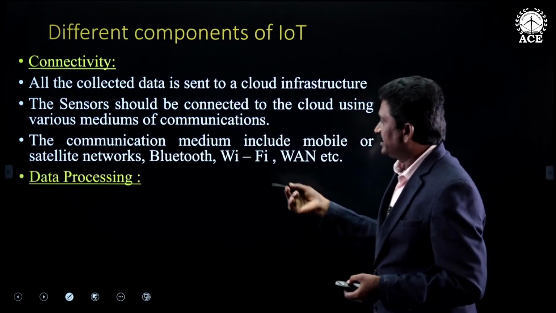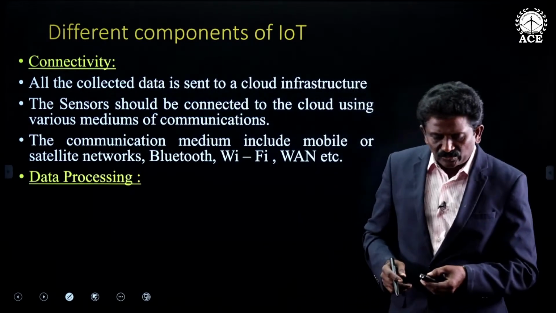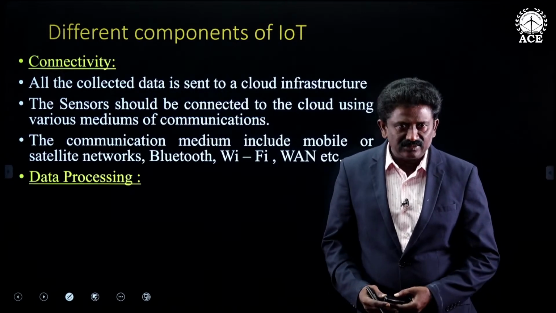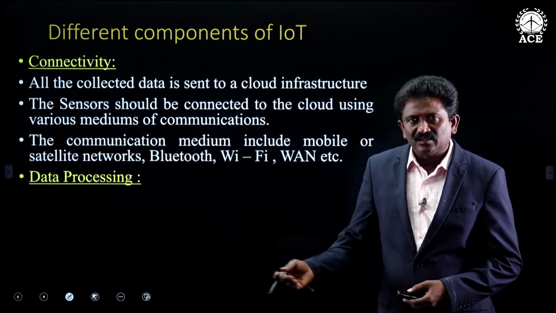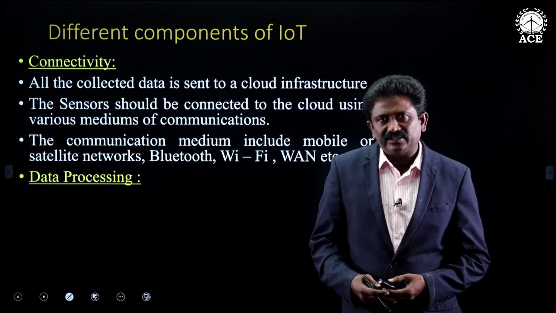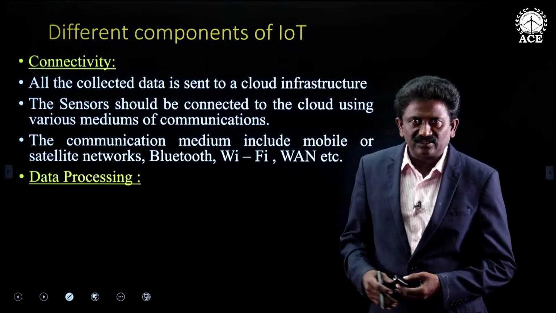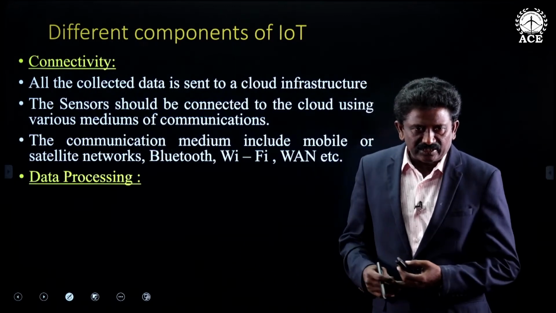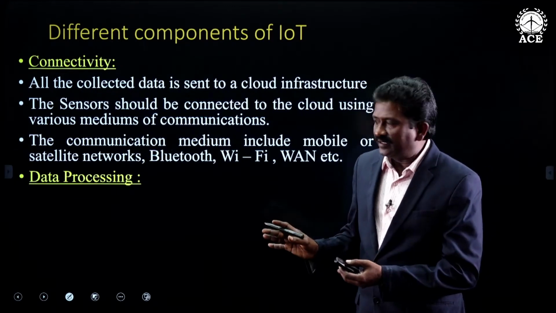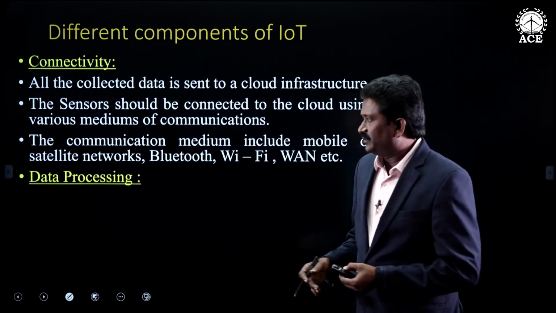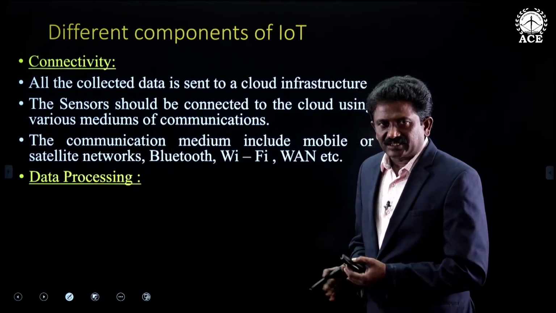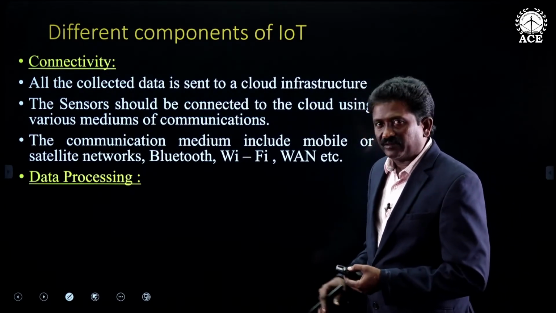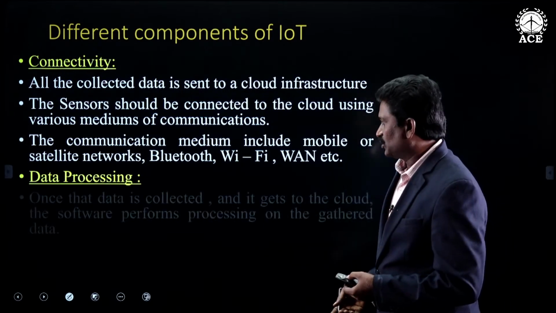Next, data processing. Generally we have two types of data processing, analog data processing and digital data processing. Maximum we prefer digital signal processing. This is a big setup. With the help of digital systems you can perform data processing.